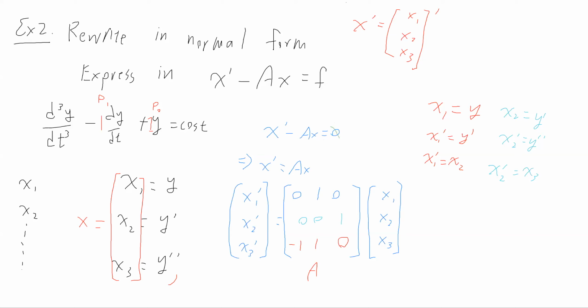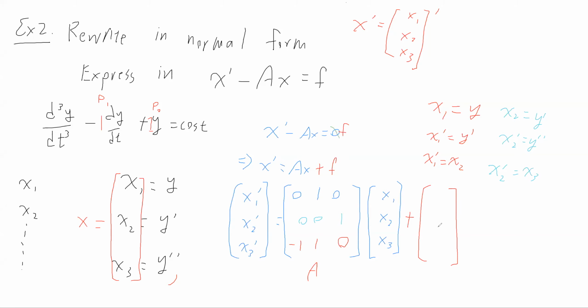It's not 0 anymore, it's some function f. That means when I move the ax to the right hand side, it's going to be plus f. So what is this f, right? We need to add some vector f, that's a function, on the right-hand side. And what goes in here, right? That's what we're trying to find out.